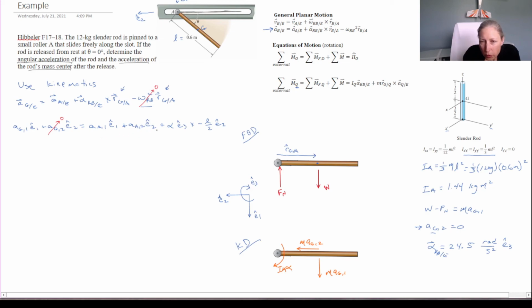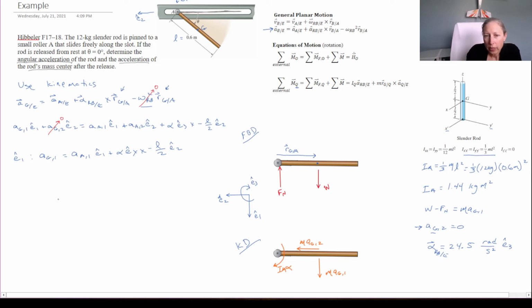Okay, so that's pretty good. And now I want to do something else. So since I know that the acceleration of the mass center in the E2 direction is 0, I can now just work with this E1 direction, right? And I can say that the acceleration of G in the E1 direction is the acceleration of A in the E1 direction plus alpha E3 cross negative L over 2 E2.